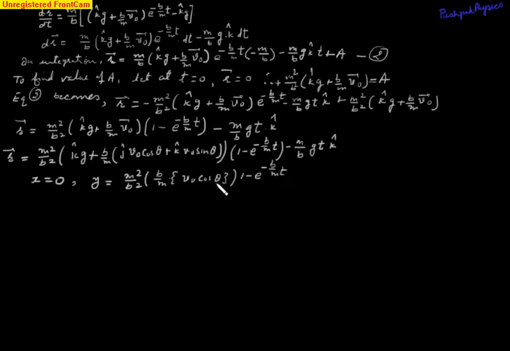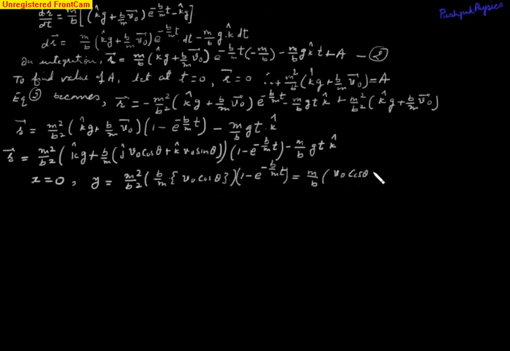So this is the factor we are getting, which can be simplified further, that is one m will cancel here, so m over b into v naught cos theta, in bracket, here we will write this part.